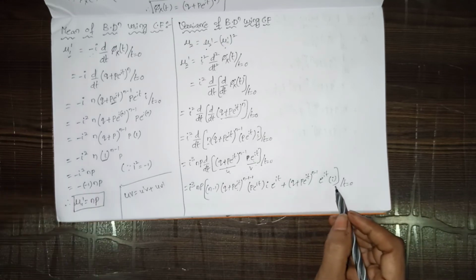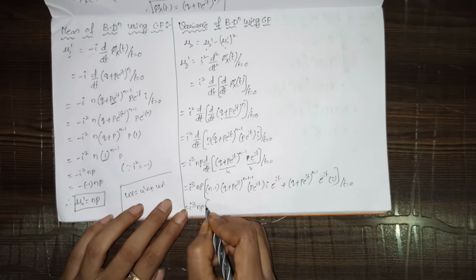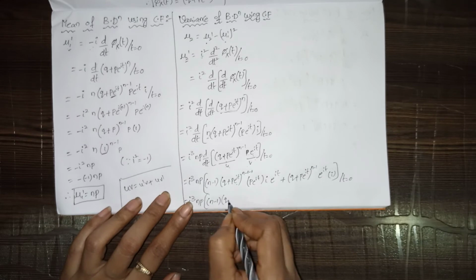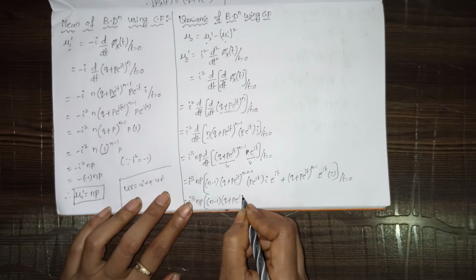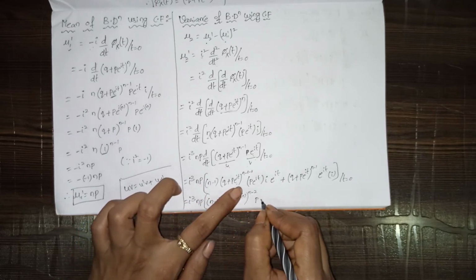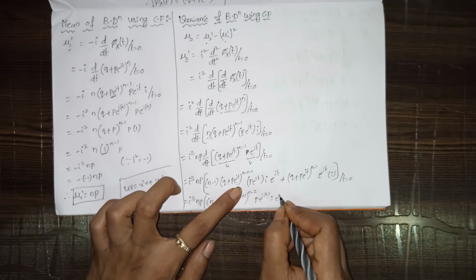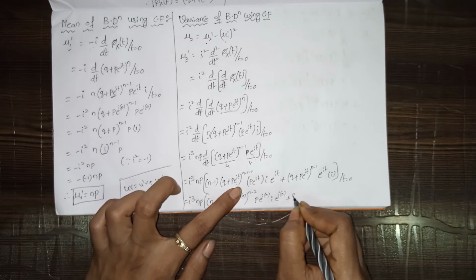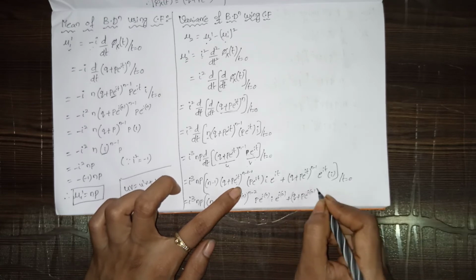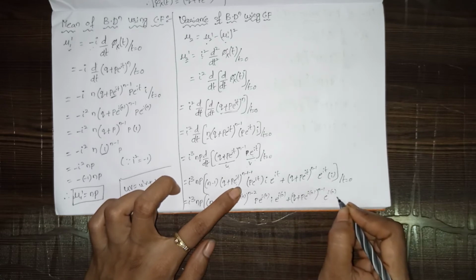Now we have to substitute t equals 0. i cube into np into n minus 1 into q plus p e power i into 0 whole power n minus 2, p into e power i into 0 into i, plus q plus p e power i into 0 whole power n minus 1 into e power i into 0 into i.